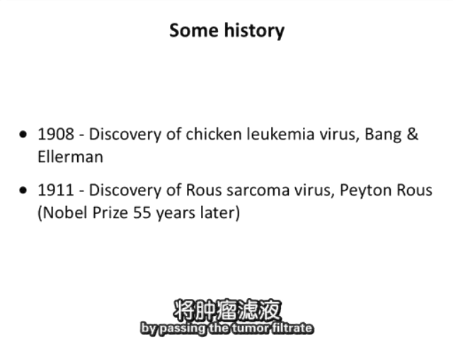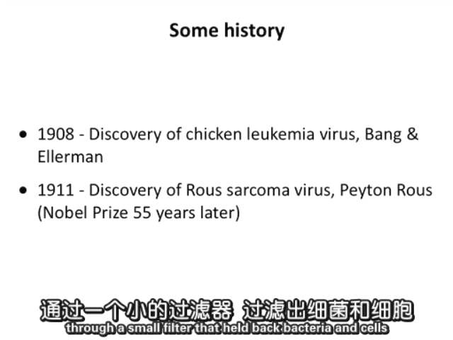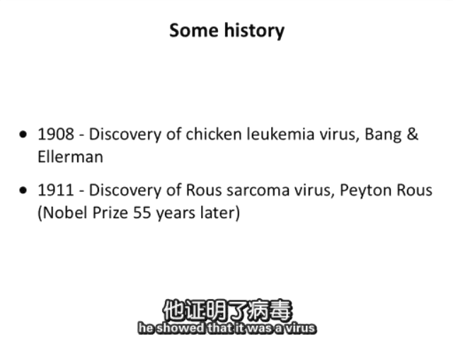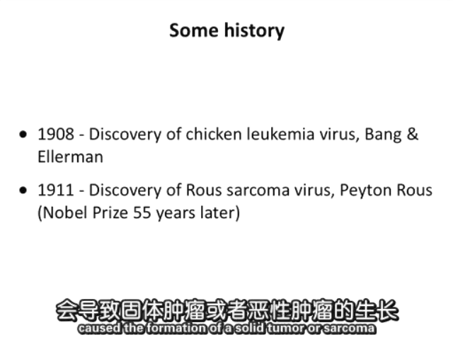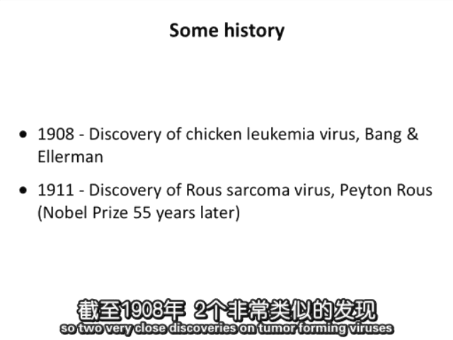By passing the tumor filtrate through a small filter that held back bacteria and cells, he showed that it was a virus which, when injected into a new chicken, caused the formation of a solid tumor or sarcoma. So two very close discoveries on tumor-forming viruses.